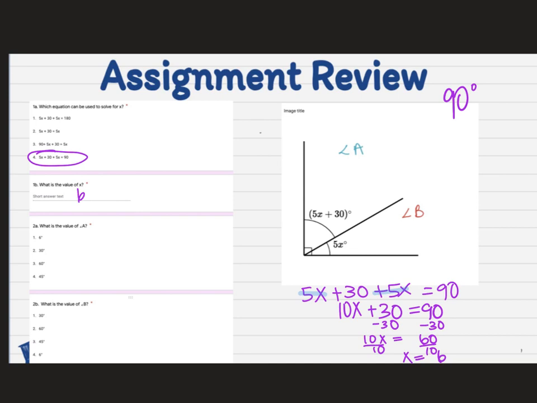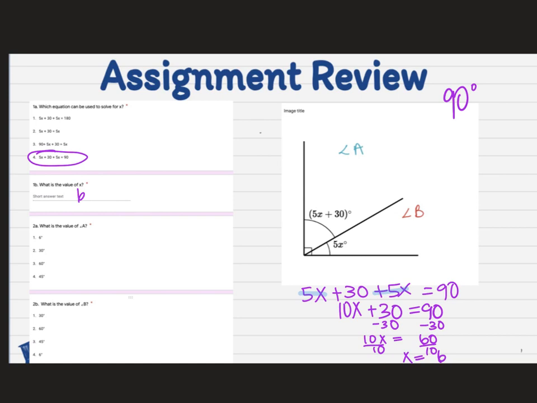In question 2a, what is the value of angle A? So if I look at angle A, it tells me that it is 5x plus 30. So I'm going to replace the x there with 6 since we got x equals 6.